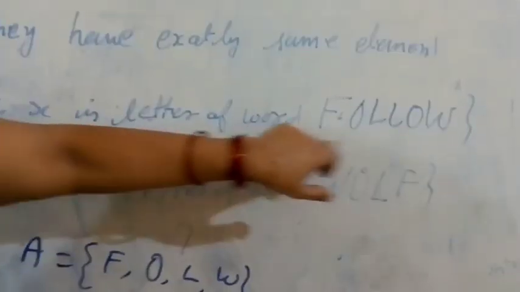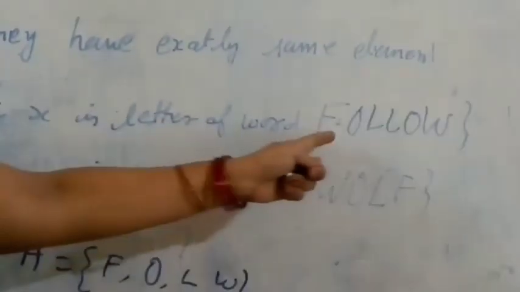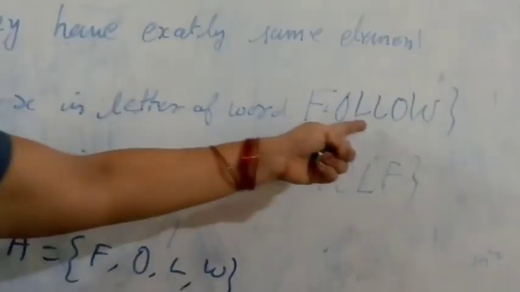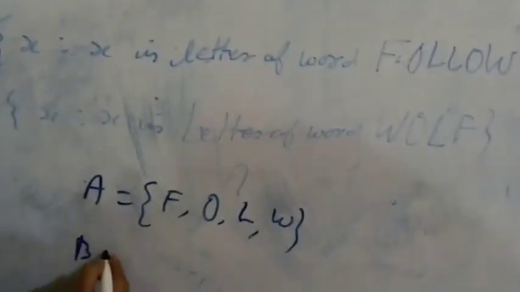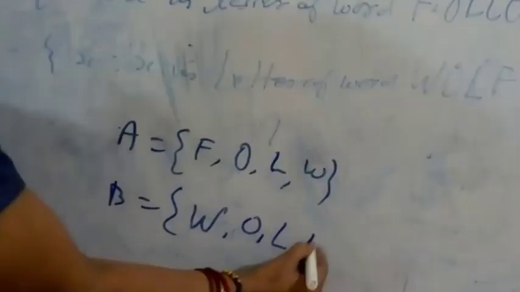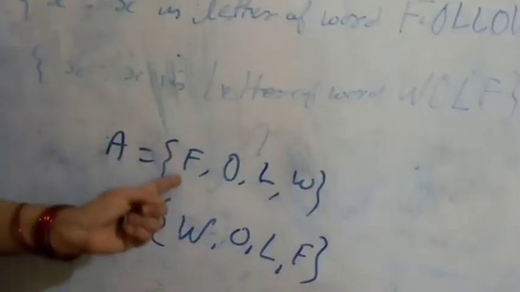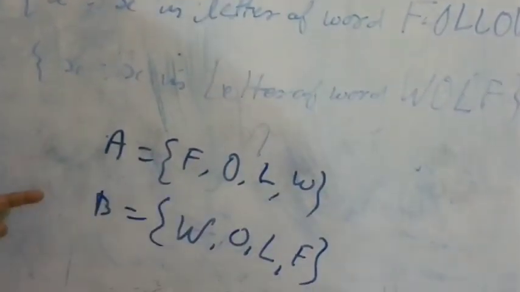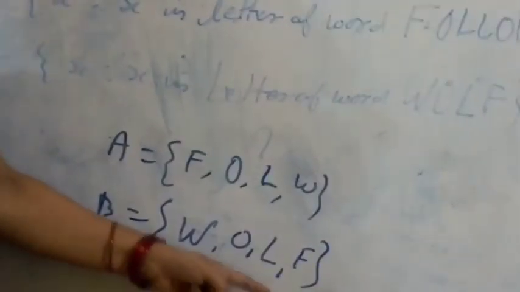So we write F two times, but we will write it one time; L two times, but we will write it one time. And W. Now B, wolf: W, O, L, F. Here the same elements are in set A and set B, so it is called an equal set.